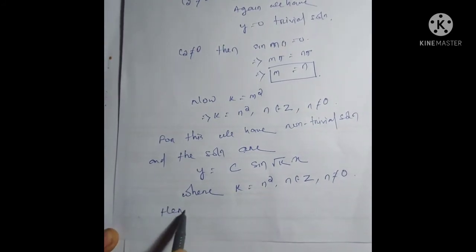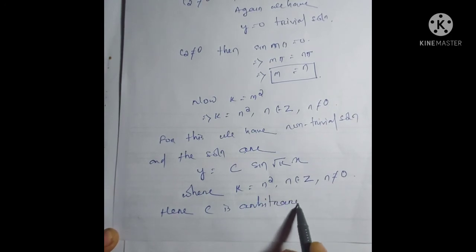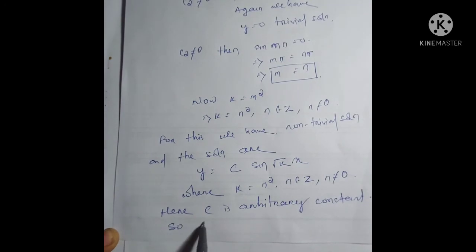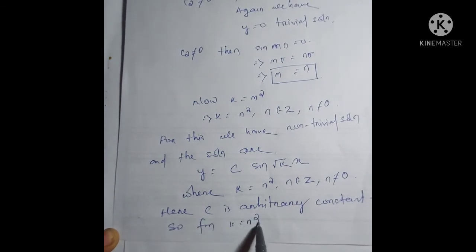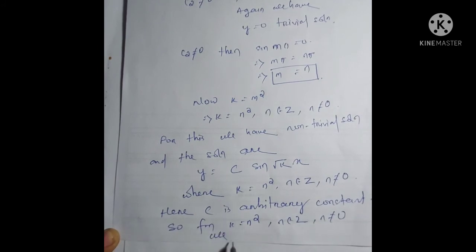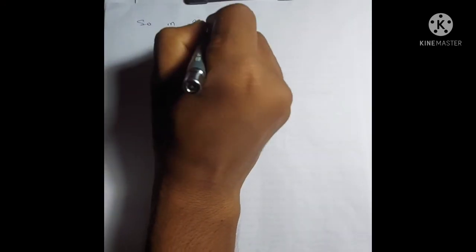Here c is an arbitrary constant. So for k is equal to n square, n belongs to Z, n not equal to 0, we have infinite solutions.